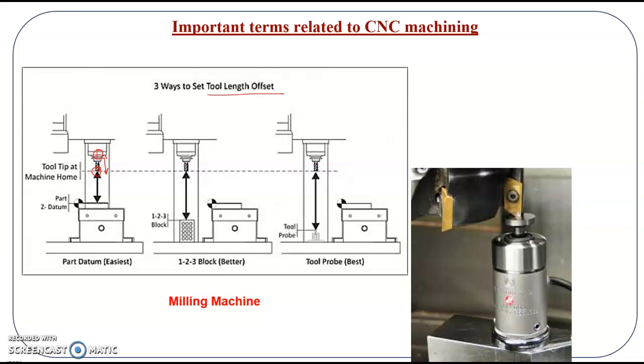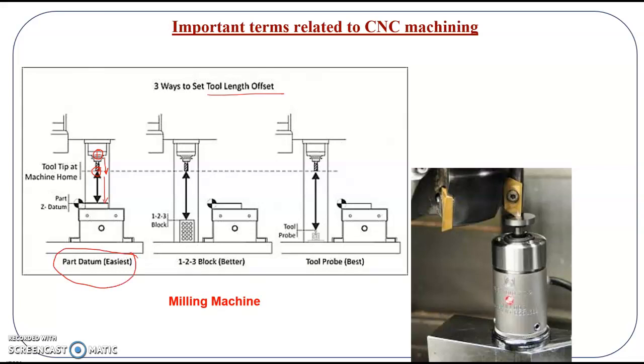In order to measure that, first we need to bring the spindle down such that it will just touch the surface of the workpiece here. That method is known as the part datum method, and this is the easiest method.